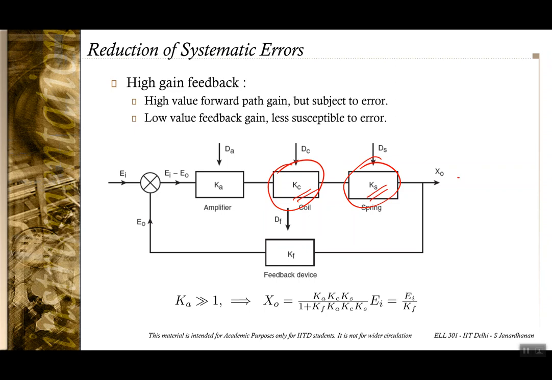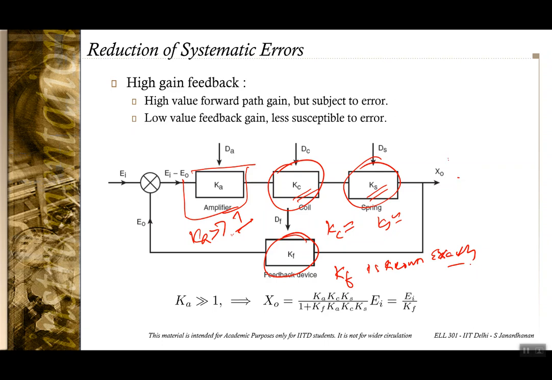So Kc can go in a range, Ks can go in a range, but you are not really sure what is the exact value of Kc and what is the exact value of Ks. One way to do it is to use a high gain feedback, Ka. So Ka is much greater than 1, as shown. However, you have a feedback here where Kf is known exactly.